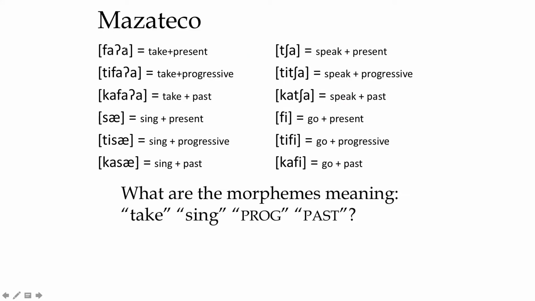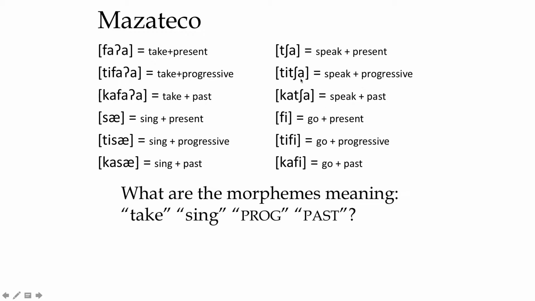So now I can break this apart. Fa'a is take, and it means the present tense, it seems like. Ti fa'a, fa'a means take, and the ti means the progressive aspect. Ka fa'a seems like it means the past or maybe some sort of completive aspect. So the morpheme which would mean take is fa'a, the morpheme which would mean sing would be sa.